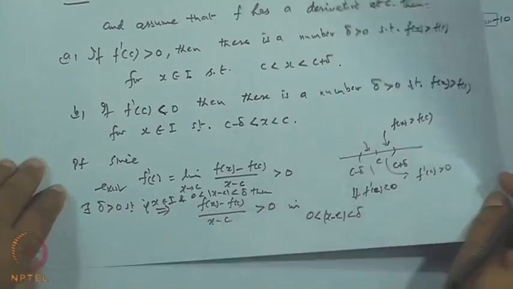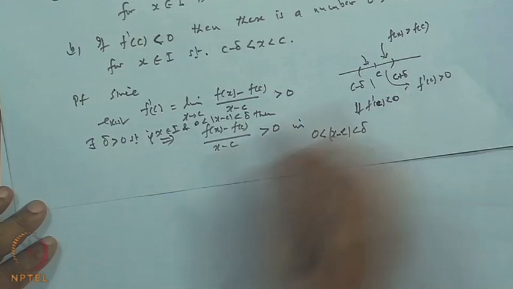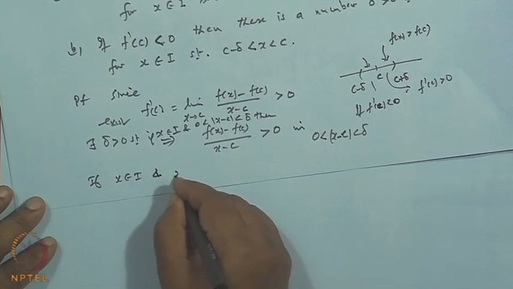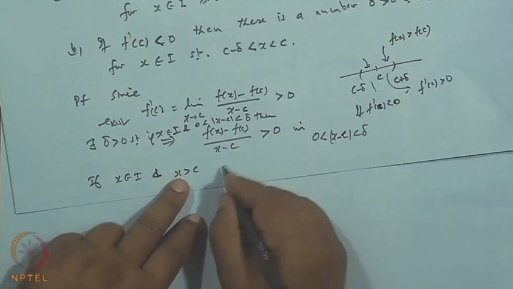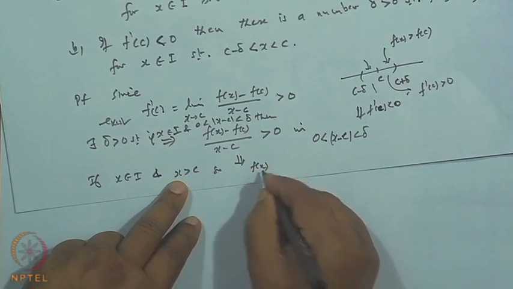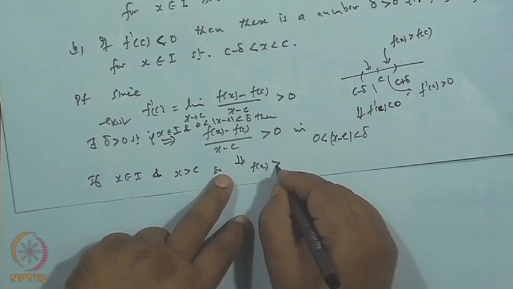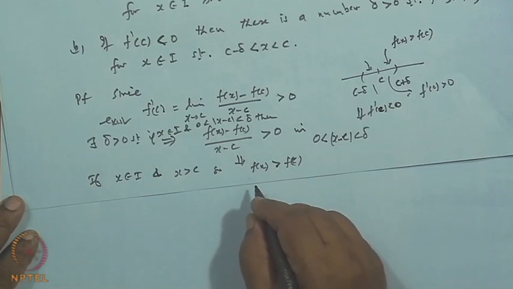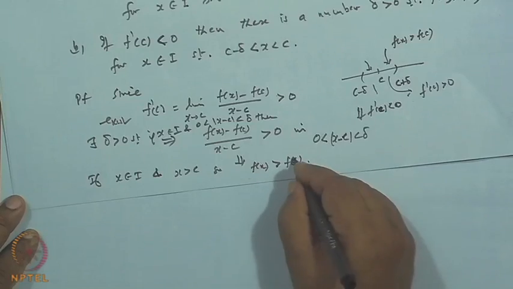So, if x belongs to I and satisfies the condition x is greater than c, then from here we get that f of x must be greater than f of c, otherwise this will be negative. So, that proves the result for the first part, and similarly for the other. Okay.